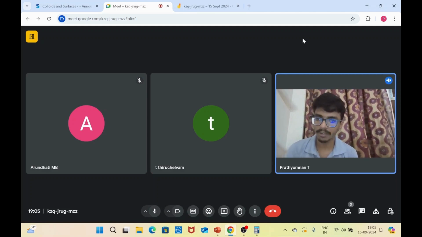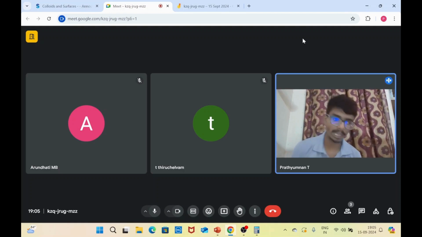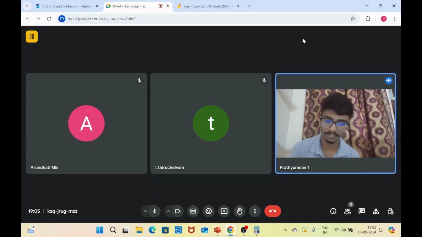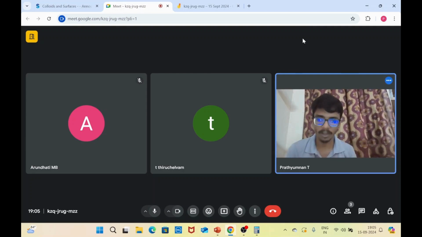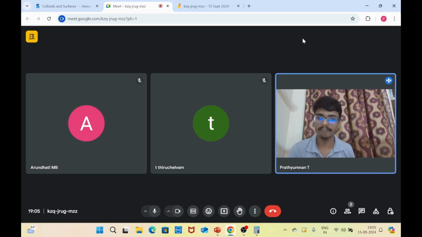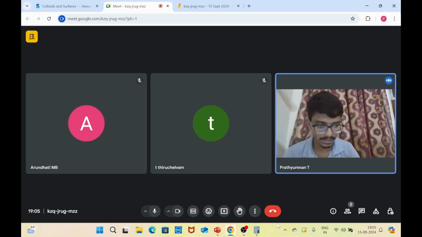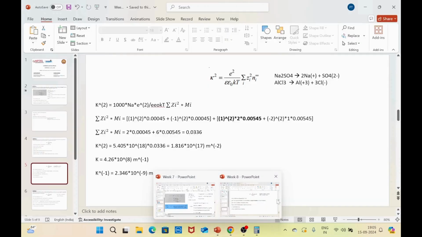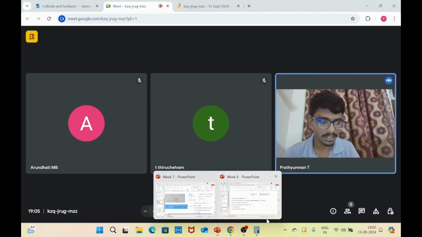Our next live interaction session will be tomorrow from 6 p.m. to 8 p.m. It's actually a summary session, where we will take up whatever doubts you have from week 1 to week 8, and then we will try to solve some of the problems, including this. Actually, we planned for totally 6 problems, but we were able to only come up to 3.